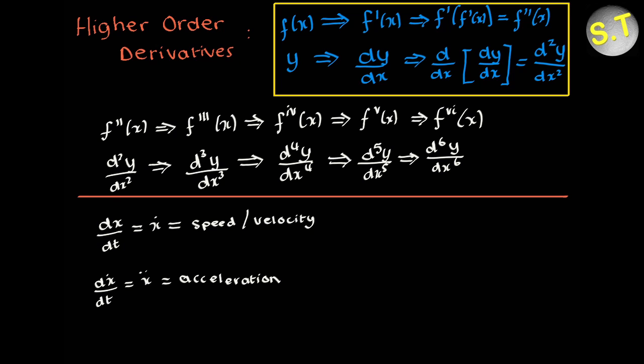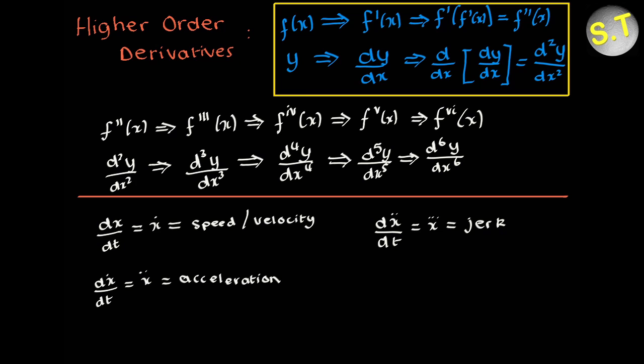And these two are the most commonly seen in Newtonian mechanics. However, it goes even further. For example, the third derivative. If we take the derivative of acceleration with respect to time, it's x with 3 dots, and it's defined as the jerk of a system. So how acceleration changes with time.